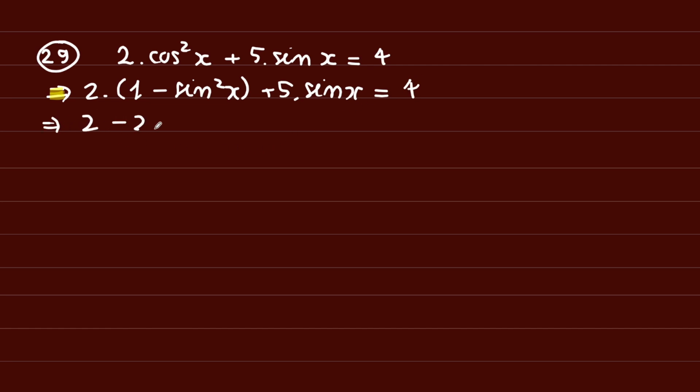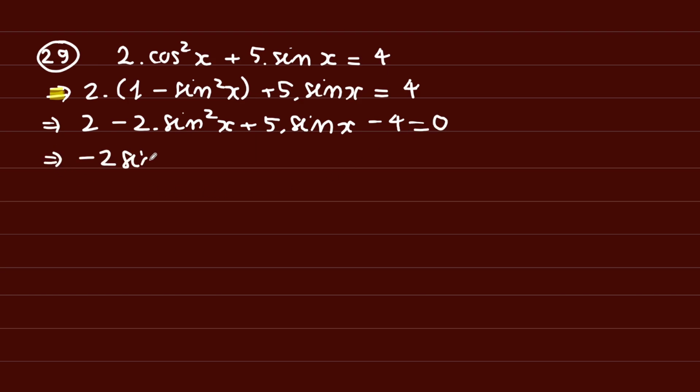You got 2 minus 2 multiply sin square h plus 5 times sin h, and I want to move 4 from right to left. This becomes 2 minus 4 equal to 0. And here is minus 2 sin square h plus 5 multiply sin h, and minus 2.